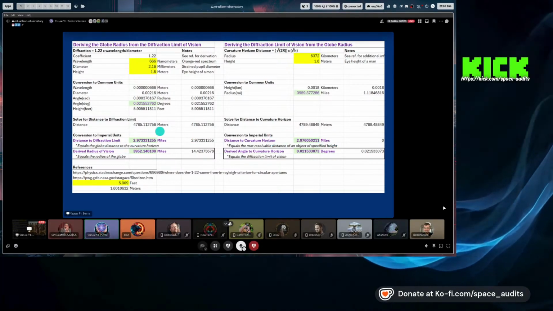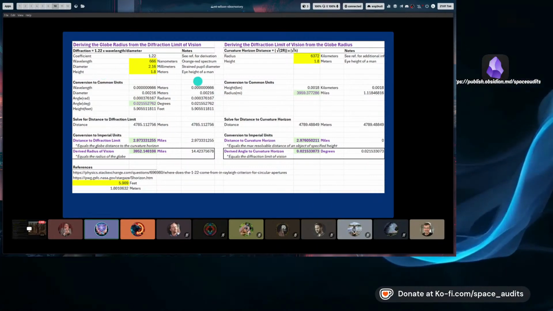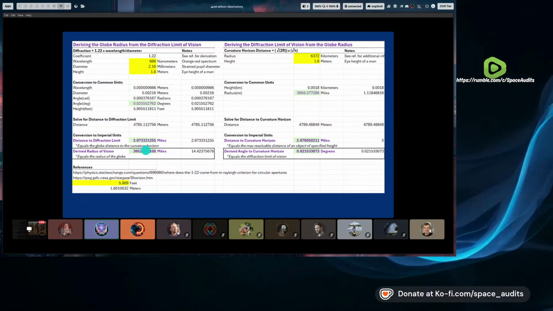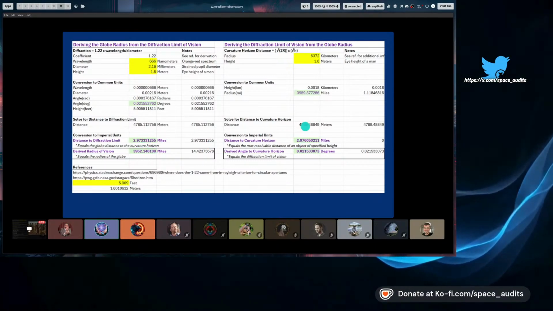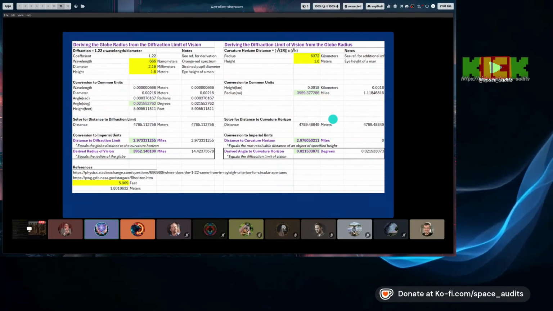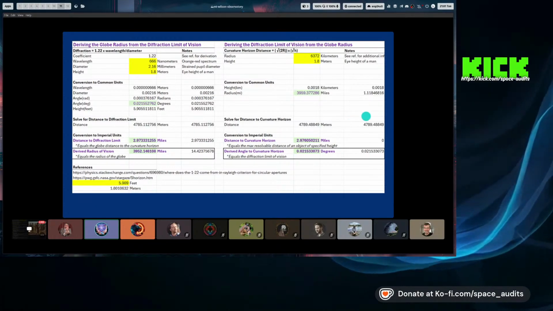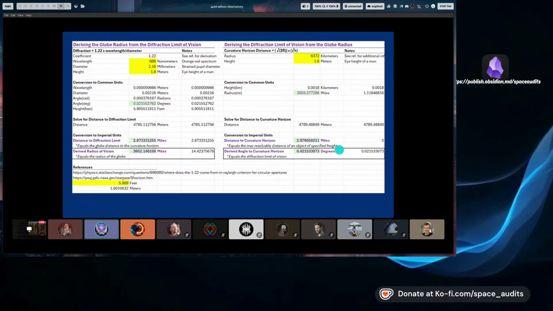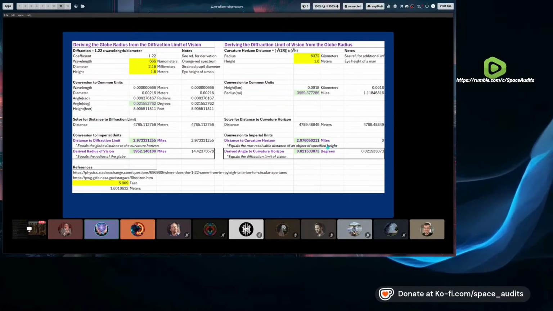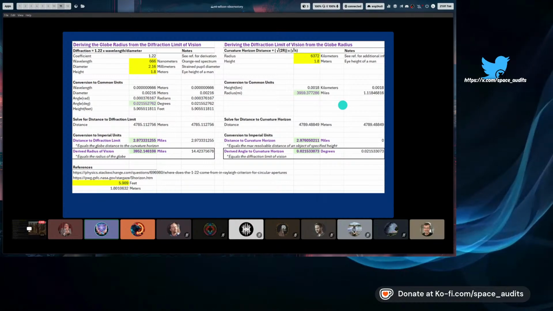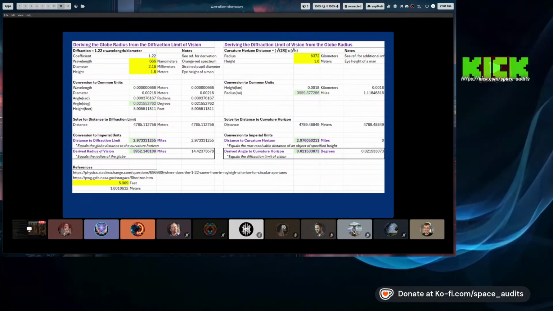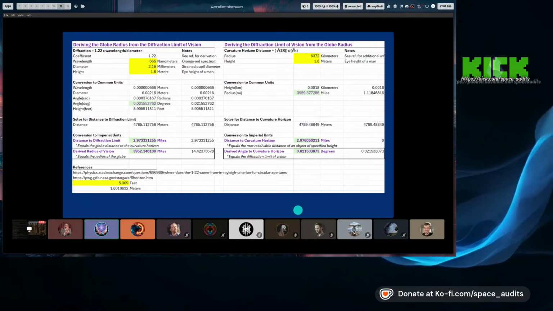For a 6-foot observer on a flat plane, based on the diffraction limit and Rayleigh's criterion, you'll have a visible horizon at 2.9 miles. For an observer on a globe of radius 3959 miles, you'll use the Pythagorean theorem to calculate the distance to the horizon, which would end up being, for a 6-foot observer on the surface of that sphere, 2.9 miles, right? So you have the same distance to the horizon because we have the same circumference value, and the luck of the identical application is just astronomical, right?